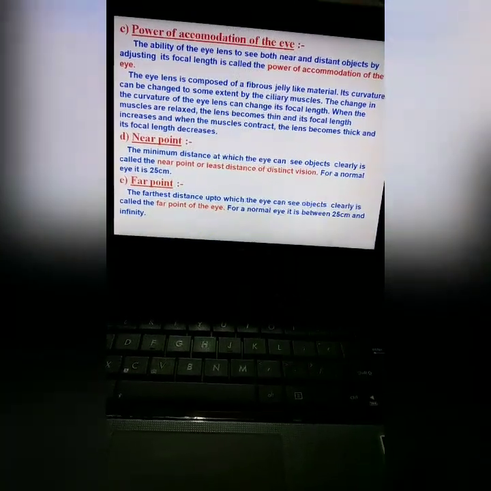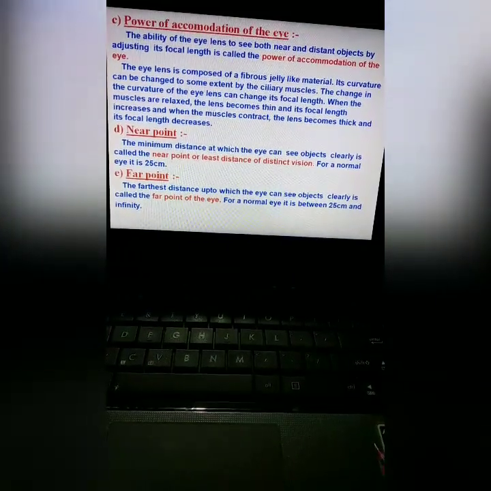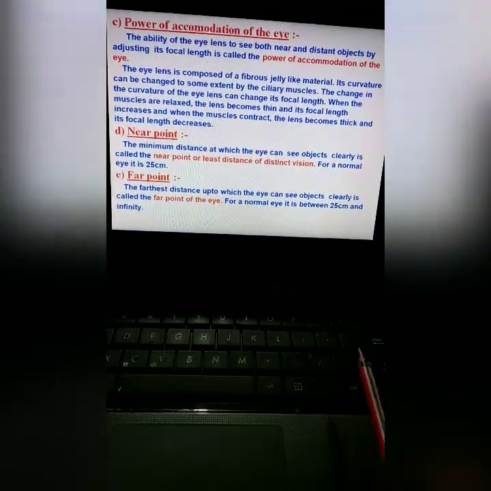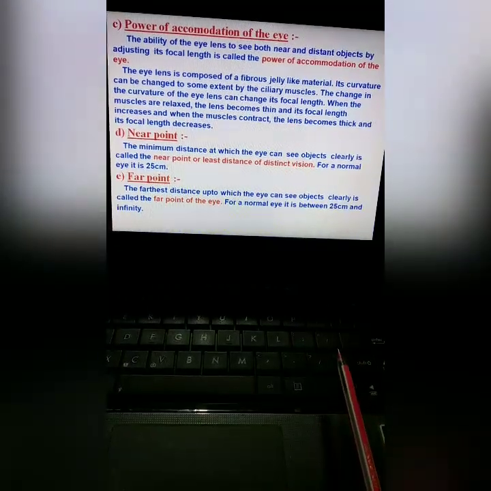Hello children. In your previous class we read about the power of accommodation of the eye. For maintaining the power of accommodation, the part of the human eye that helps us is known as the ciliary muscles. So ciliary muscles adjust the eye lens to see both near and distant objects with the same distinctness.